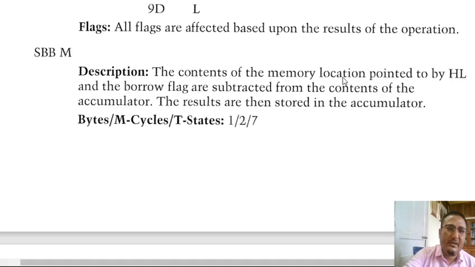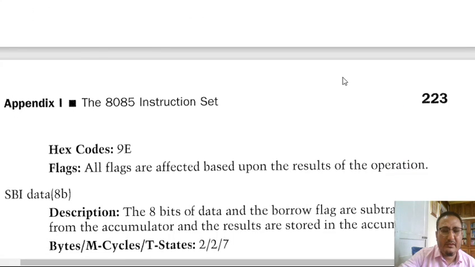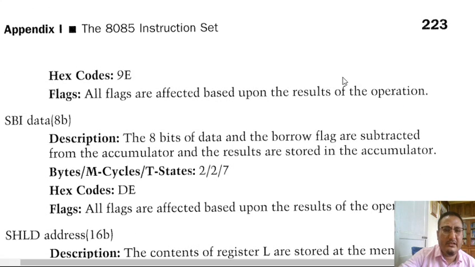It requires 1 byte, 2 machine cycles and 7 T states. The respective hex code is 9E, and all the flags are affected based on the result of the operation.